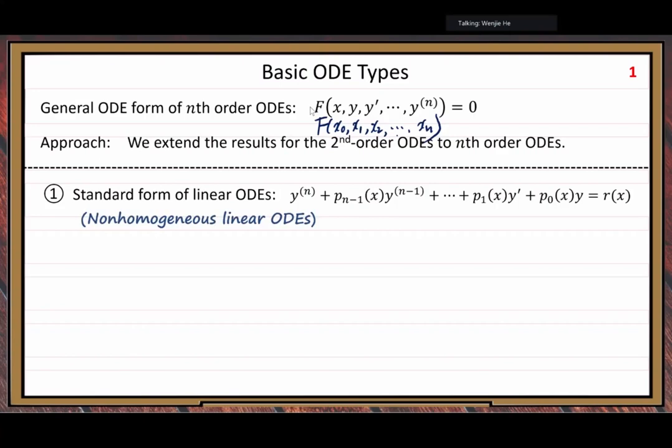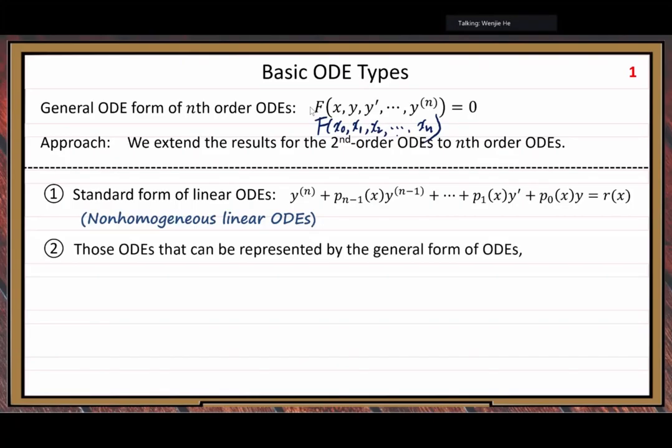So the non-homogeneous linear ODEs, this form. Type 2, those ODEs that can be represented by the general form ODEs. Because sometimes we may not be able to get the standard form, so there we can only take the general form.